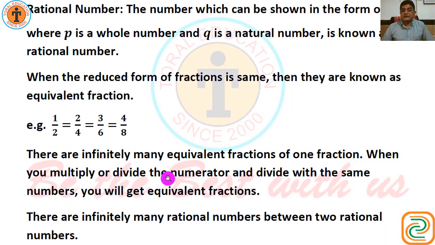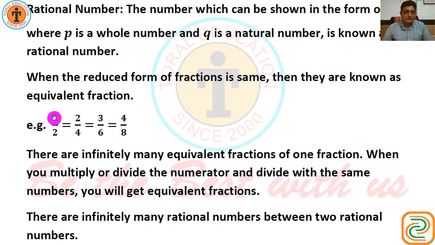There are infinitely many equivalent fractions of one fraction. You can make as many equivalent fractions as you want. When you multiply or divide the numerator and denominator by the same number, you will get equivalent fractions. Look, in this example, 1 upon 2, we have multiplied both numbers by 2: 1 2s are 2, 2 2s are 4.